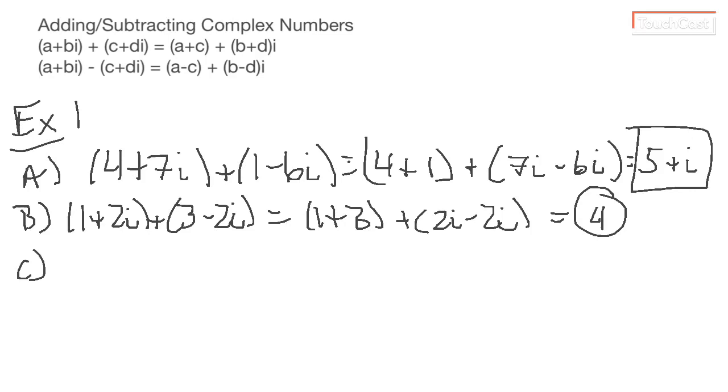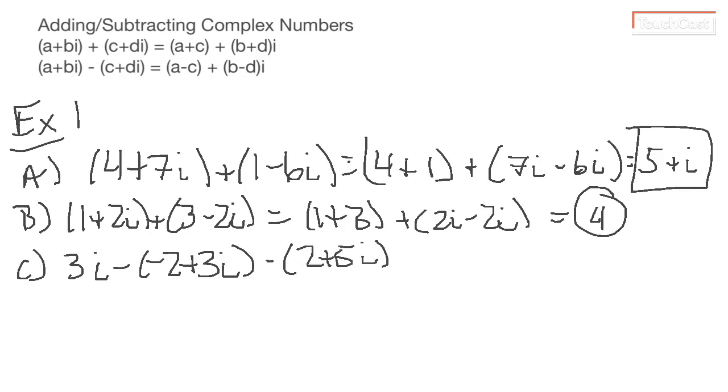Let's look at 2 more. We're going to go 3i and we're going to subtract -2 plus 3i. Now we don't have a real part to this, so hold on. I've got a little bit more to this one even. We're going to subtract again 2 plus 5i. So we're going to be subtracting 3 complex numbers.